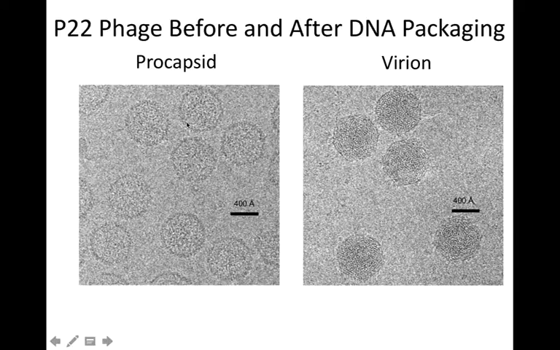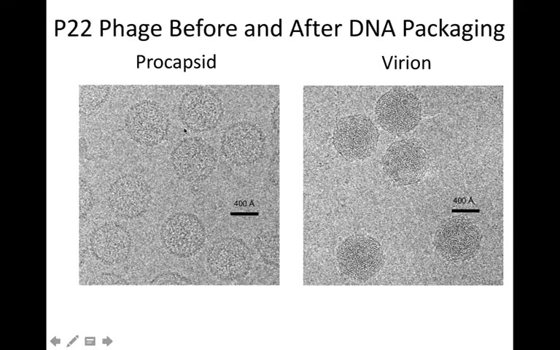Secondly, the features of these procapsids look more roundish than the mature virion, which looks more angular. And in fact, the fingerprint, as I point out in the movie, disappears because there's actually no DNA in the procapsid.